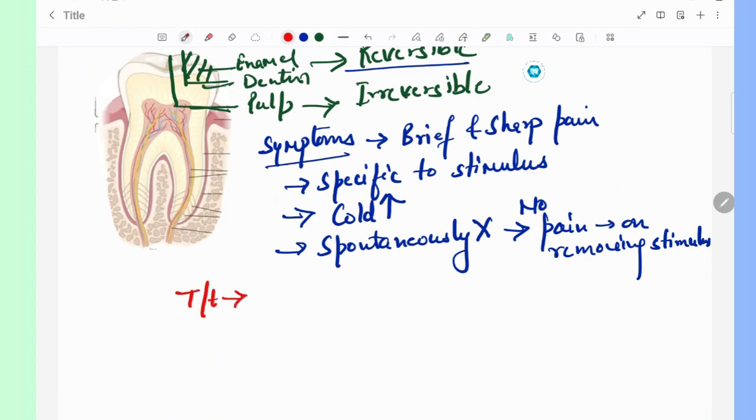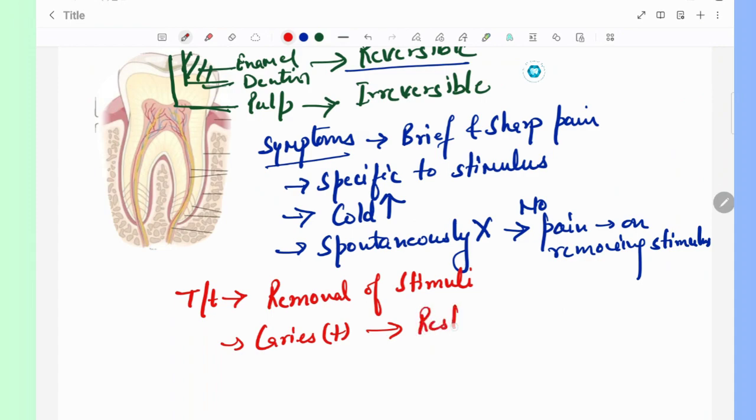Treatment of reversible pulpitis is the removal of the stimuli. That is, if caries are present, we'll go for restoration that will bring the pulp to the healthy state.